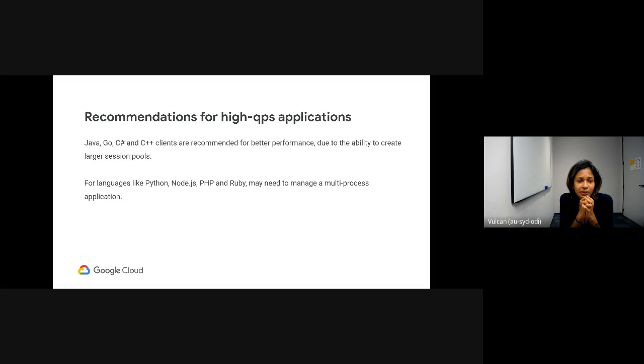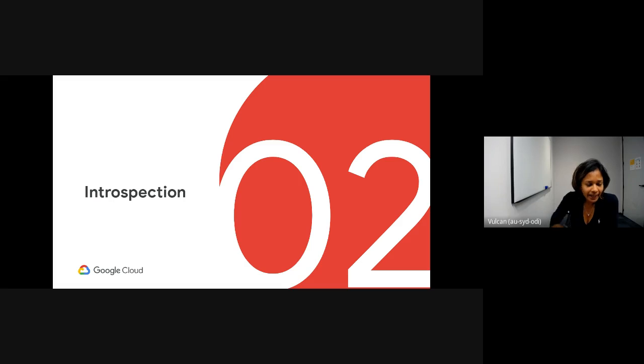So if you want this to be high, then you probably want to consider Java, Go, C#, or C++ clients, because you have the ability to create a larger session pool. But for languages like Python, Node, PHP, and Ruby, because there are limitations on how many sessions you could create, you may need to manage a multi-process application in order to get the same scale as some of the other languages. All right, with that, I will hand over to Thiago.